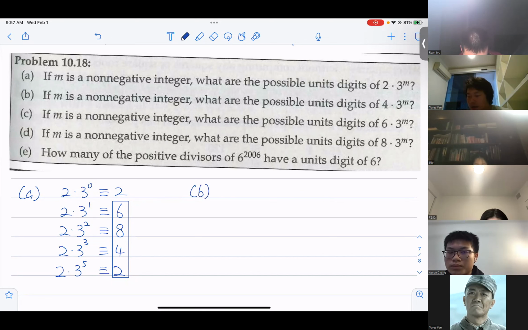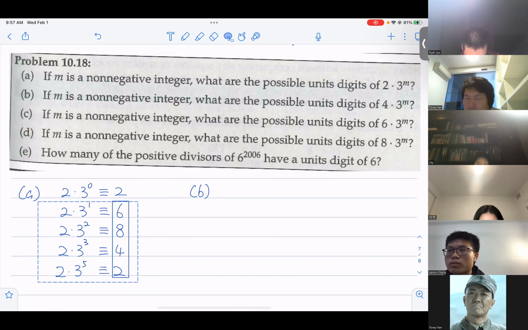So B is 4 times 3 to a power. So it's not just gonna be 2, but it's going to be 4. So basically, we just need to times this by another 2, right? If it is 2 squared, so 4.